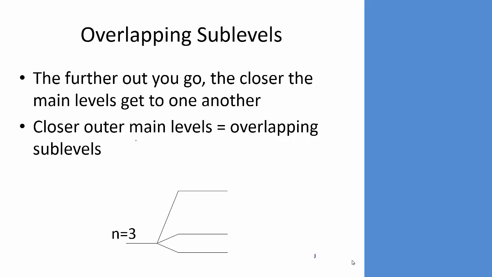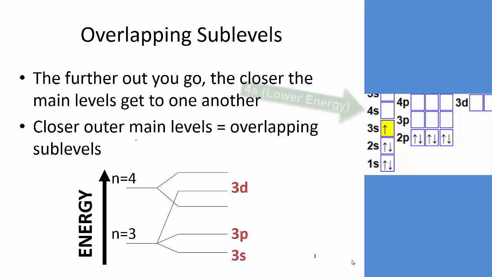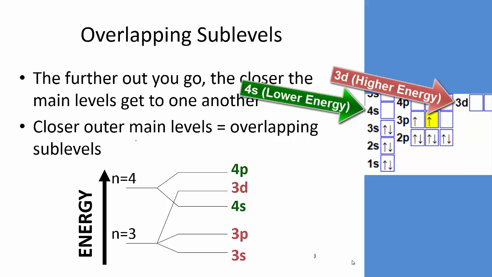The first place we see this overlap is between the third and the fourth main energy levels. If we consider the third principal energy level, we have the 3s, the 3p, and the first instance of a d sublevel, the 3d. When we consider, however, the fourth main energy level, the 4s sublevel is actually lower in energy than the 3d level is.